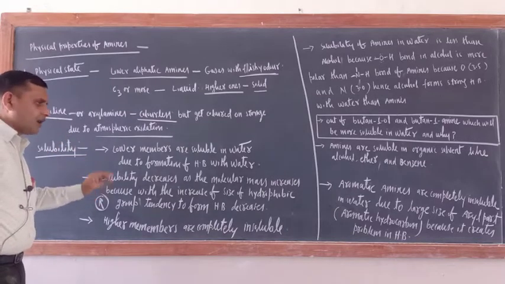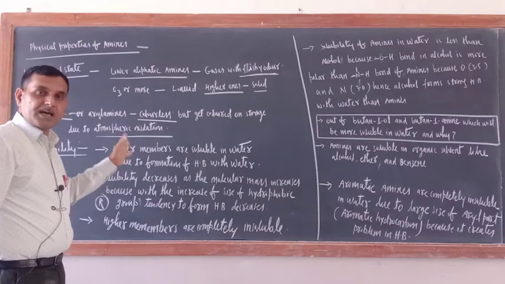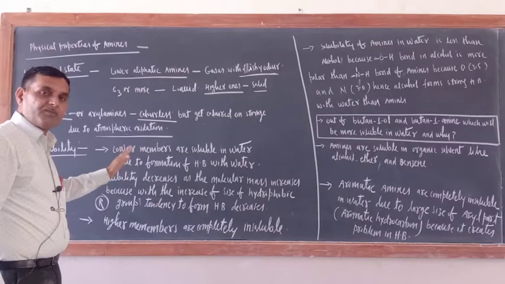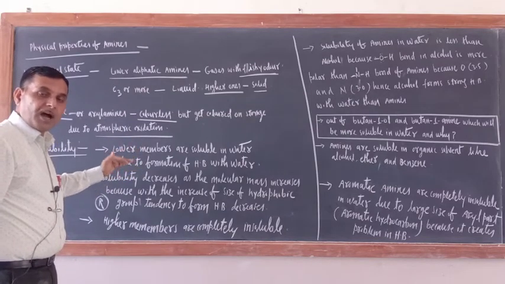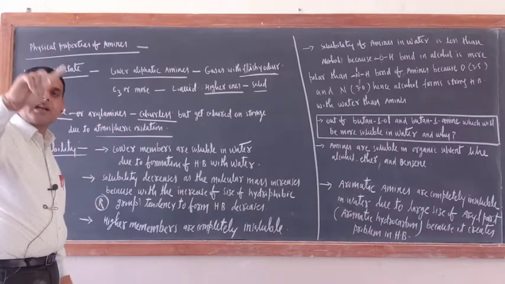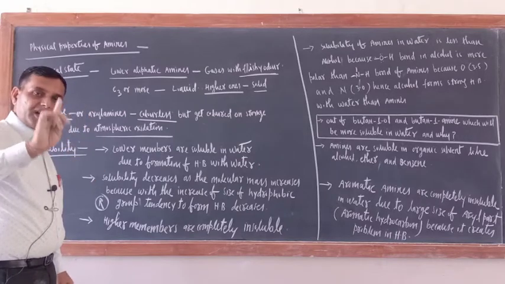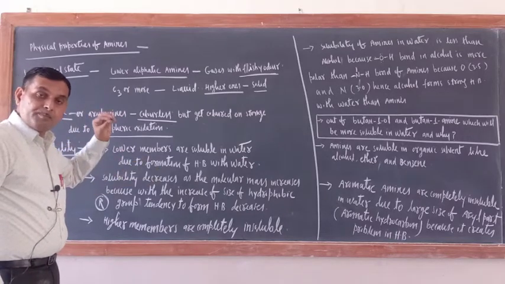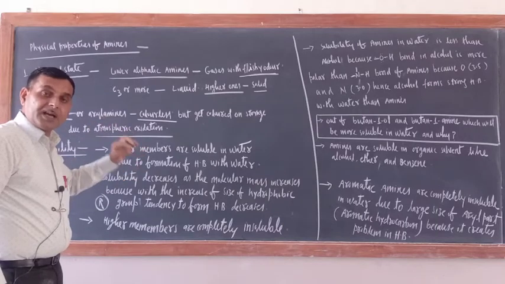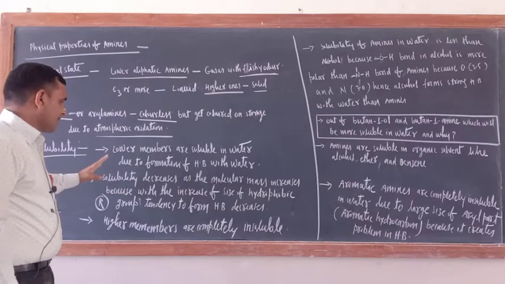Okay, solubility, this is the most important point. Just see, lower members of amines are soluble in water because they form hydrogen bonds with water. But as the size of the alkyl group increases, the solubility in water decreases because a bigger alkyl group creates a problem in hydrogen bond formation. So remember this one.